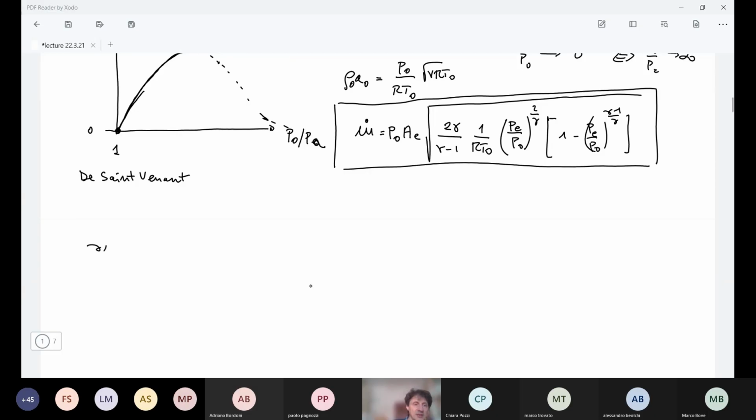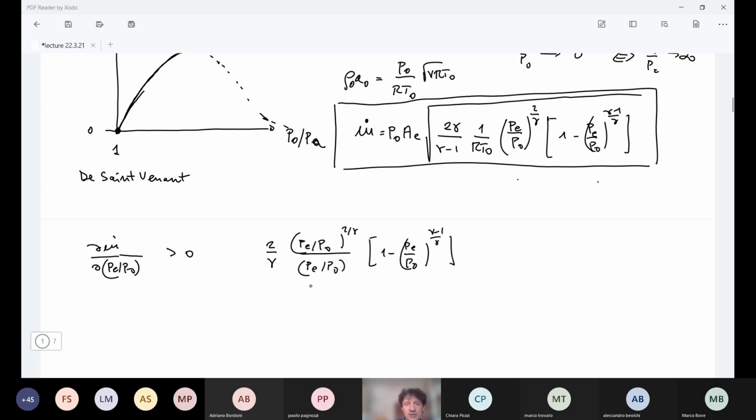If we look for the derivative of dot M with respect to Pe over P0 and we look for this quantity greater than 0, we have to make the derivative, so this will be 2 over gamma Pe over P0 to the 2 over gamma minus 1, that multiplies 1 minus Pe over P0 to the gamma minus 1 over gamma. I'm just doing the derivative.